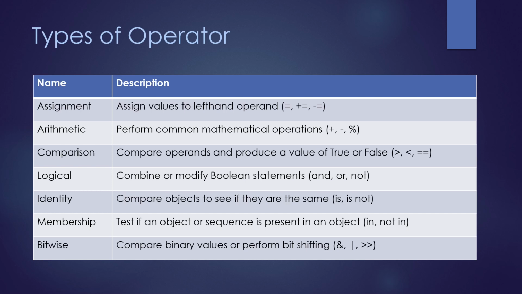So if P and Q are both true, then P and Q, the operation, is true. Otherwise, it is false. Then you have OR. If one or the other or both are true, then the operation is true. And then, of course, NOT is the negation of whatever you're referring to.